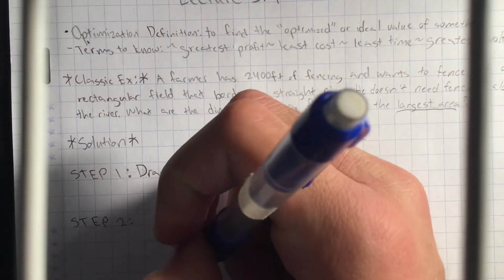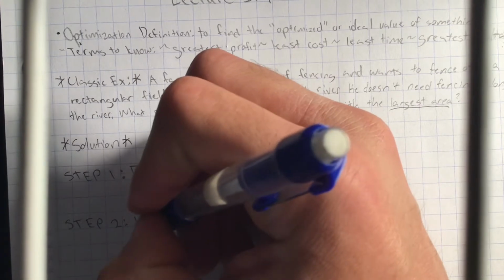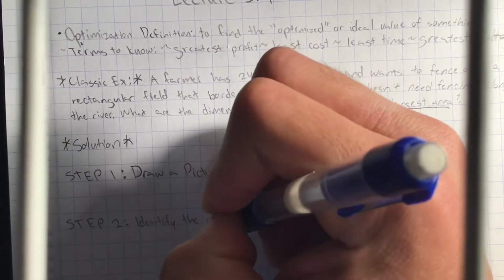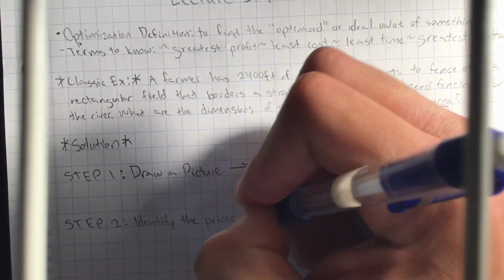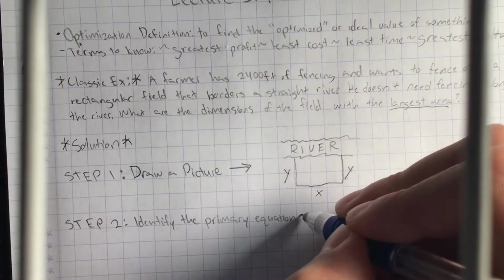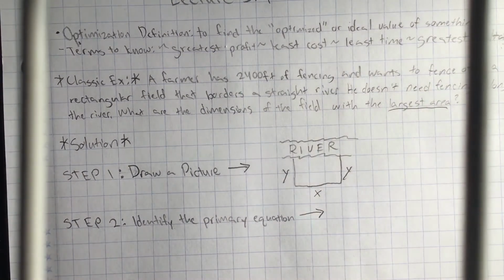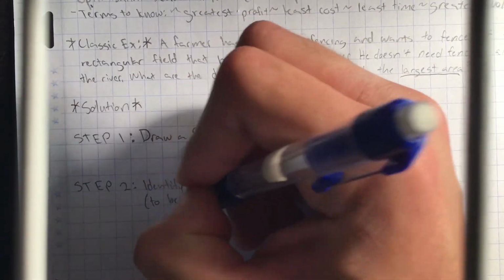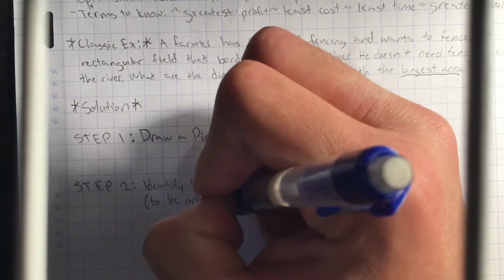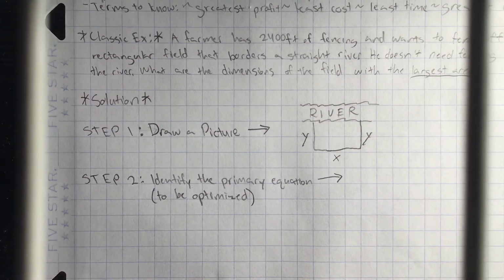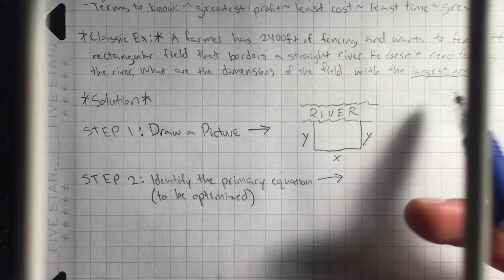Step 2 is to identify the primary equation. So, the primary equation is, in essence, the thing that is to be optimized. So, in this problem, the thing to be optimized is area, the largest area.